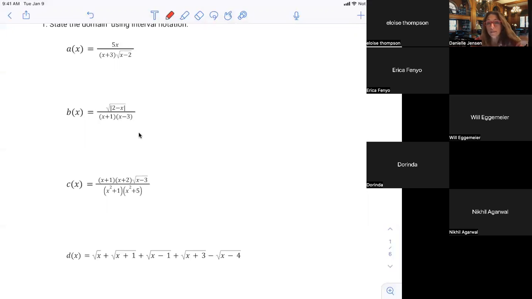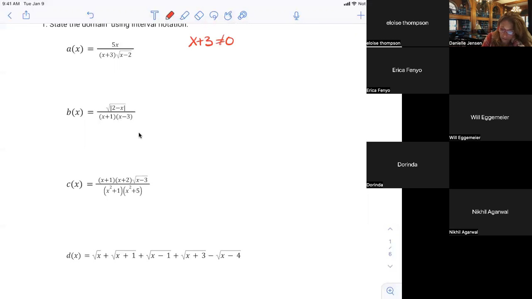Yeah. So even in A, we've got two things going on. The things you have to worry about for domain are: the denominator can't be 0, and under a square root has to either be 0 or positive. So let's do A of X first. One thing I know is X plus 3 cannot be 0.